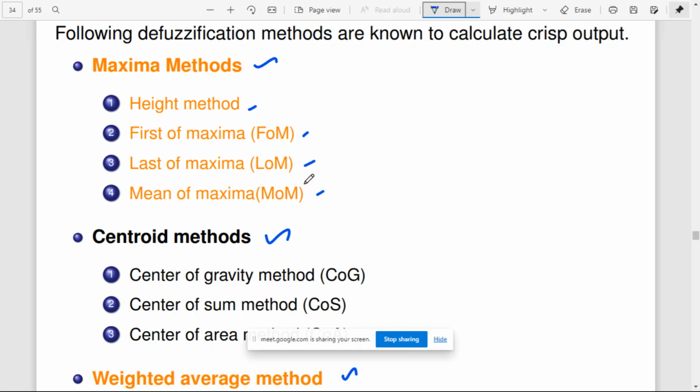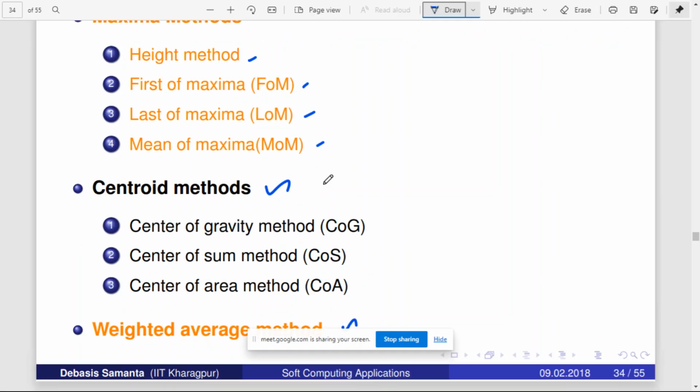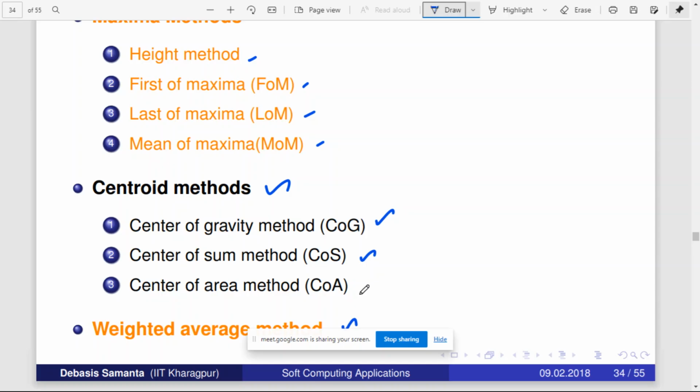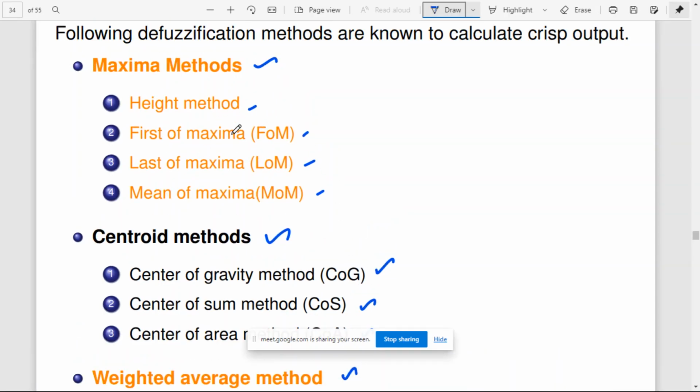In the centroid method, again we have three types: center of gravity method, center of sum method, and center of area method. So under the maxima method we have four types: height, first of maxima, last of maxima, and mean of maxima.